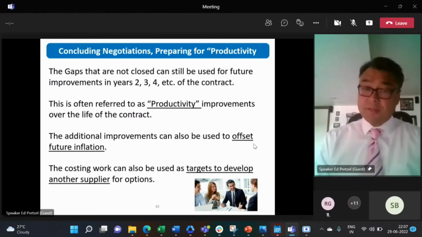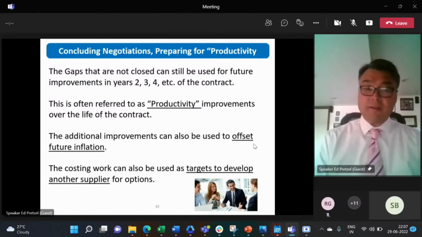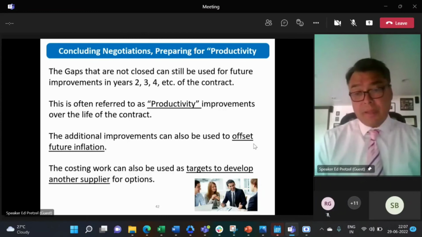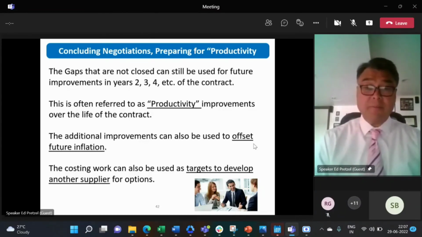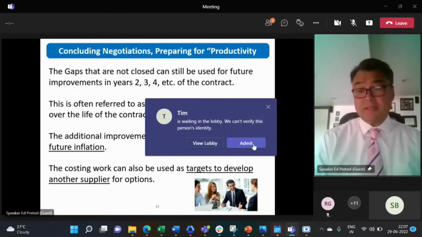We can also use these inflation offsets that may not have been fully negotiated to be addressed in future inflation. The manufacturer now knows that you'll be using this process, and they'll be much less likely to come in for additional inflation. And then also this costing work can be used as targets. If you want to develop another supplier as an option, you'll be able to use these to set proper targets.